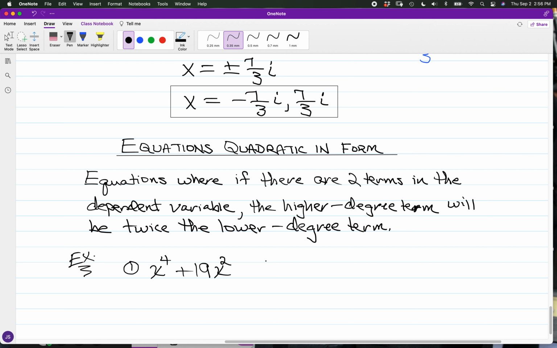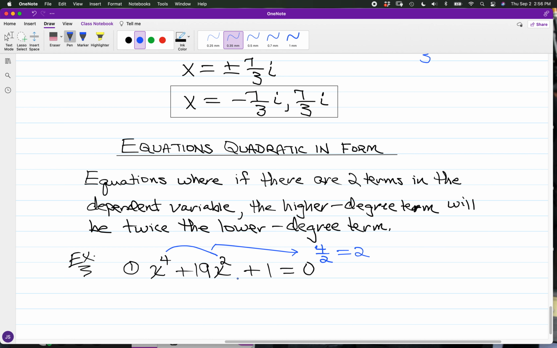Okay, so if I have x to the fourth plus 19x squared plus 1 is equal to 0. Okay, and if you notice, we have two variable terms. So I have x to the fourth. You also have x to the second. And if you notice, in the ratio between the higher order and the lower order terms, you have a 4 to 2 ratio in the degree of x.